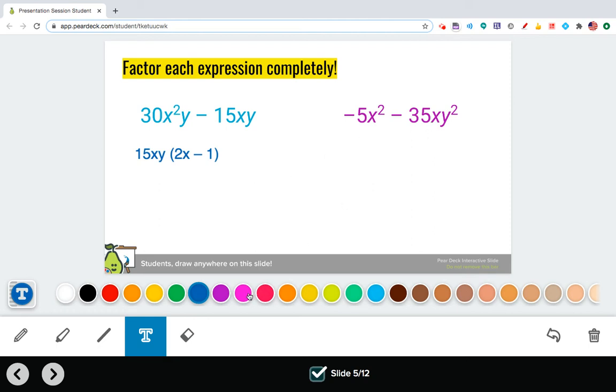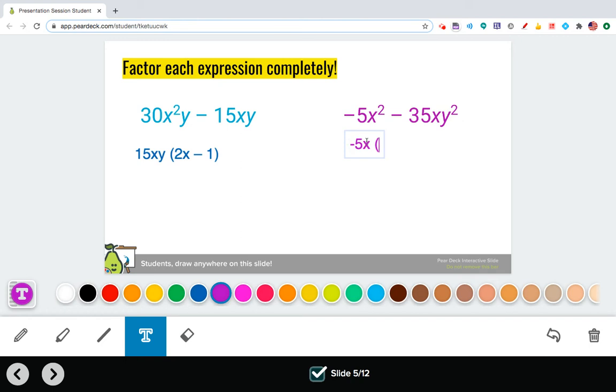Well, look over here, and we're going to notice right away that both terms are negative. So when both terms are negative, it's a really good idea to factor out the negative. 5 is the greatest common factor between 5 and 35. Don't forget the x. Negative 5x squared, how do I get there?